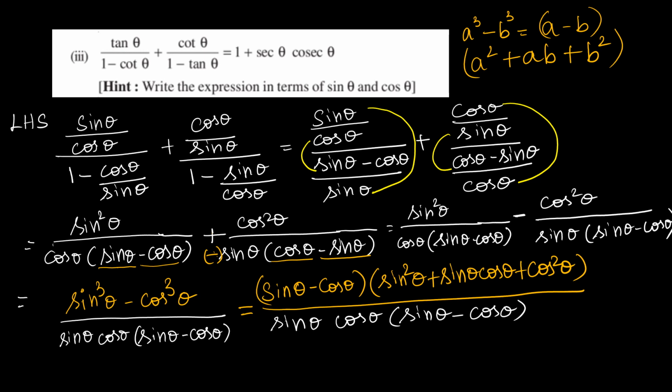So what I will get? The sin theta minus cos theta and sin theta minus cos theta will get cancelled. The sin square theta plus cos square theta will become 1. So I am going to write it down, continuation of the problem.